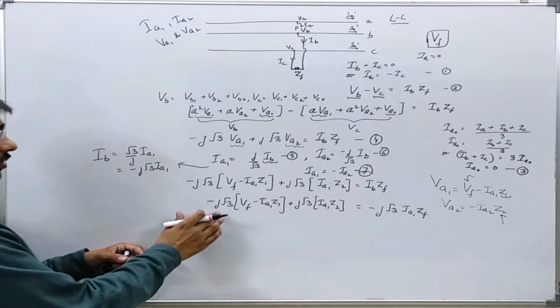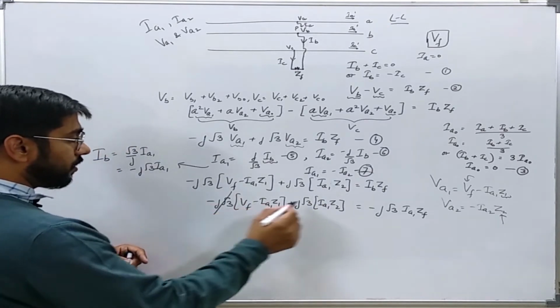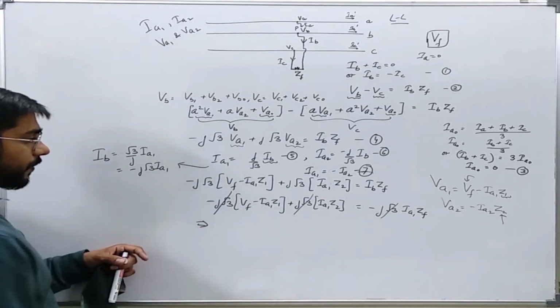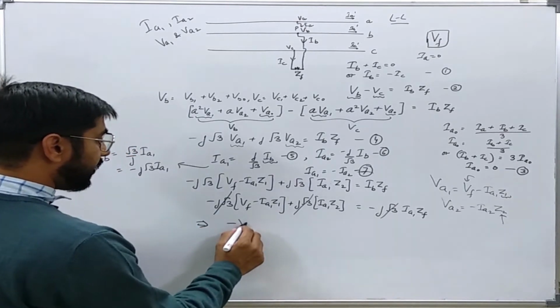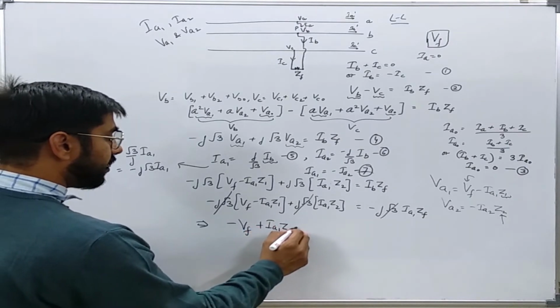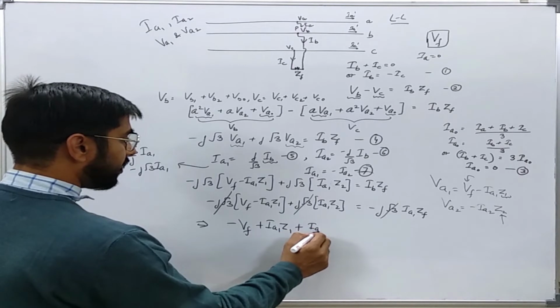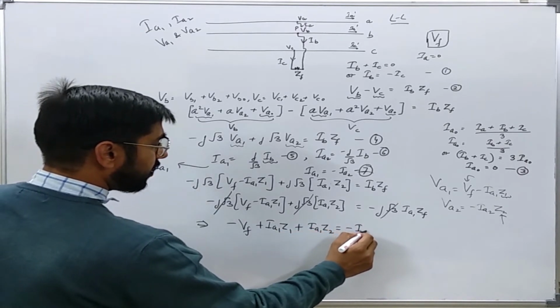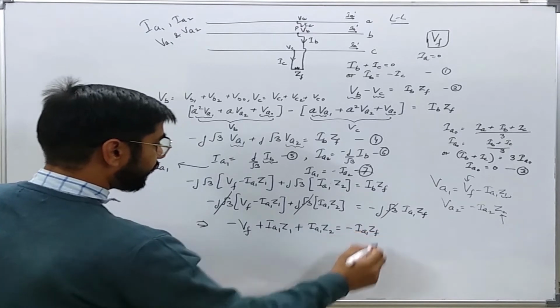Okay, so j root 3 is common. So we have minus VF plus IA1 Z1 plus IA1 Z2 is equal to minus IA1 ZF.